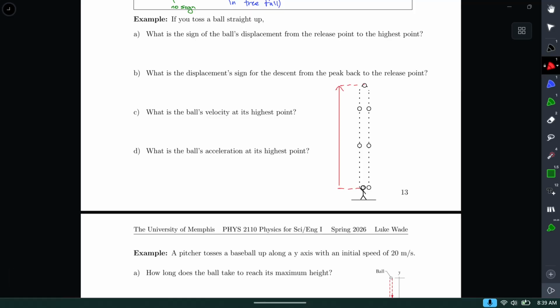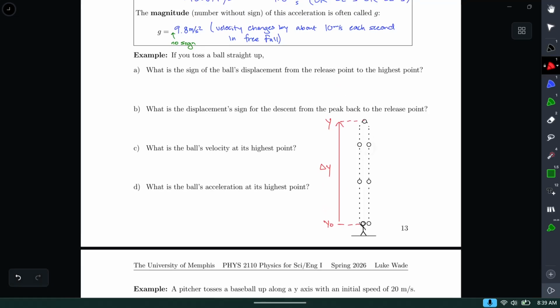That would be your displacement from y initial to y final, or your delta y. What is the sign of that for the upward part of the trip? Positive, because going up. Yeah, it ended up higher than it started.